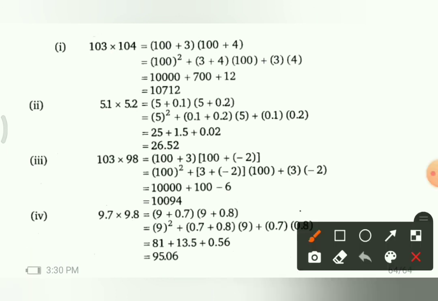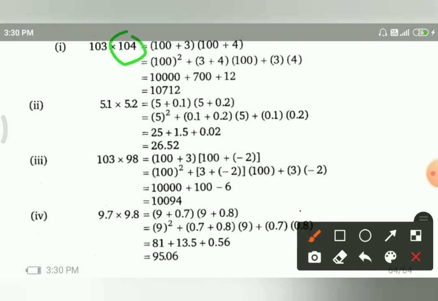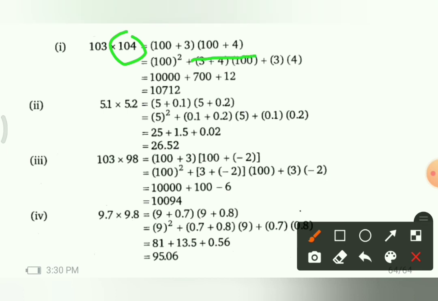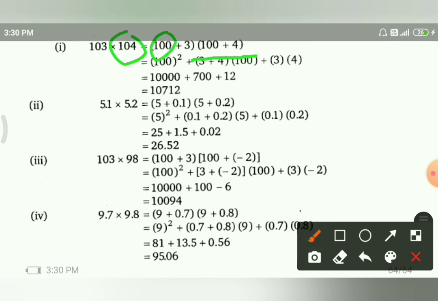So now 104 can be written as 100 plus 4. Okay, and 100 plus 4 and 100 plus 3 is looking same as x plus a, x plus b, right? X is what? 100 over here. And what is a?